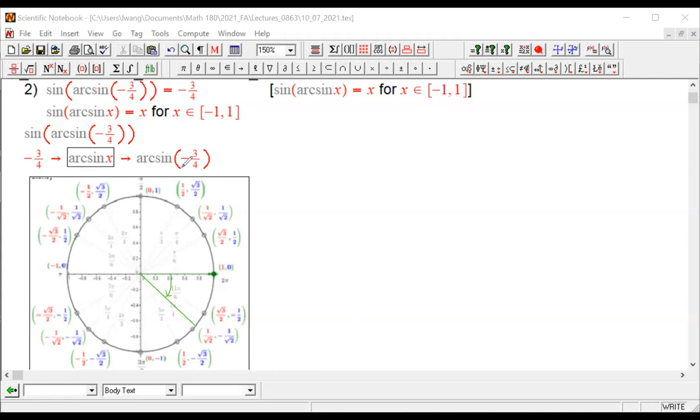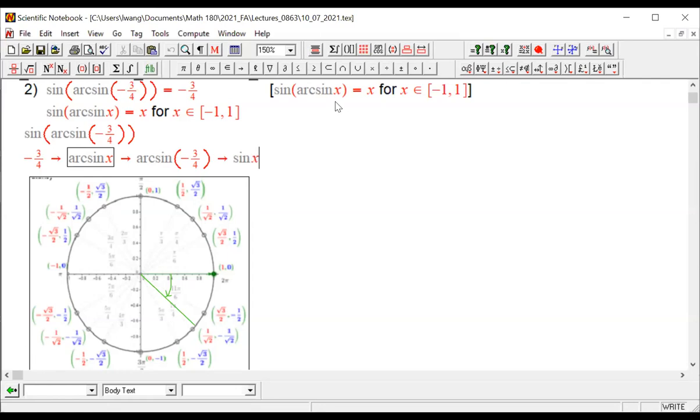And there's a blue number for this angle. What is that blue number for that angle? -3/4. You follow me? So this is the angle, and this angle is going to be the input to sine.